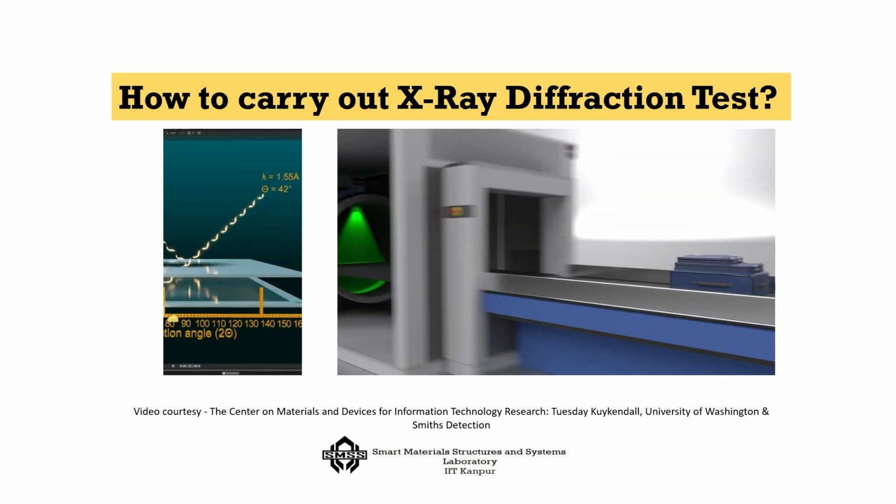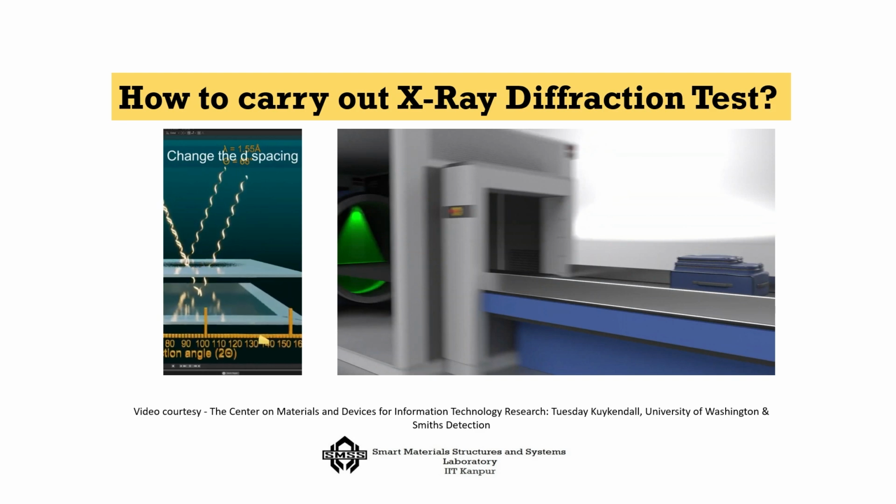If you look at it, X-rays are transmitted at different angles and at different wavelengths, and through that we try to see the change in the spacing as these waves hit. If there is any periodic structure present in the crystal, in the lattice, or in a metallic system, then what is that order of periodicity?